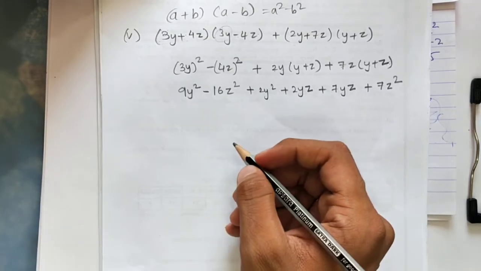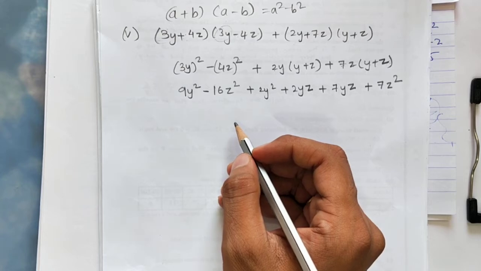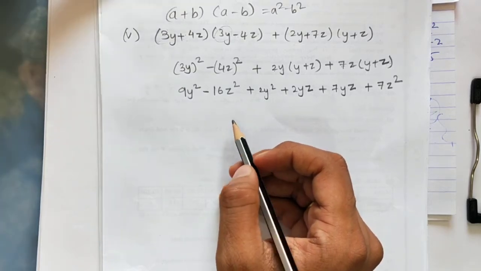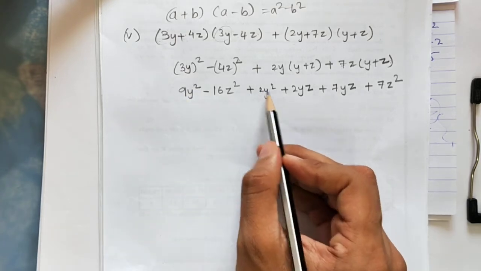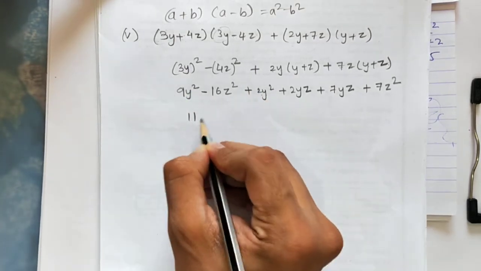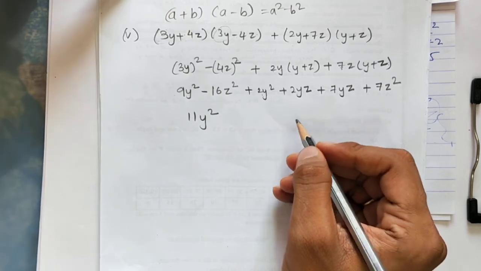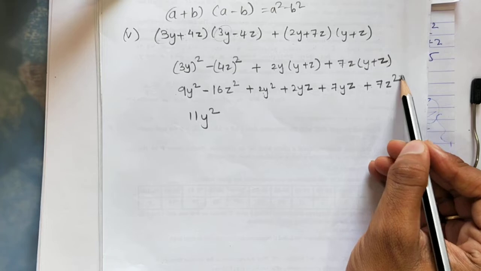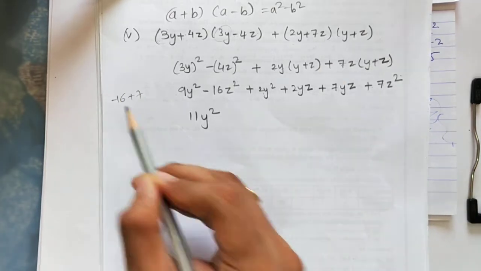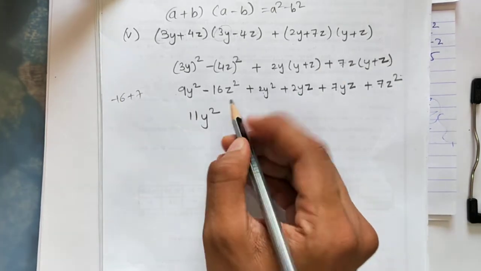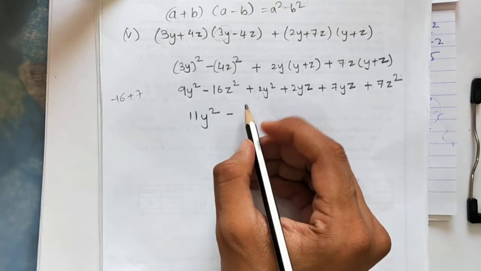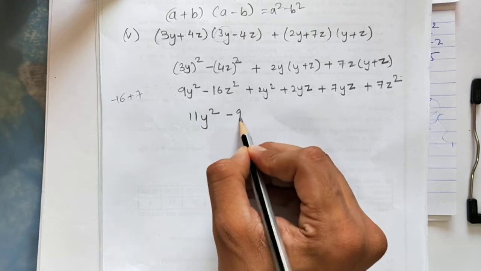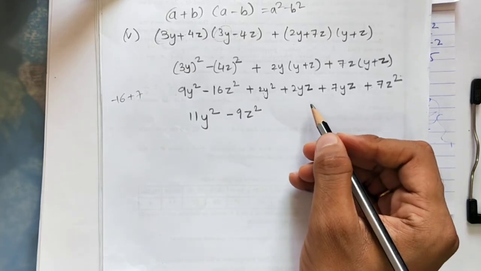Now let's add and subtract whatever is possible. So 9y square plus 2y square, 9 plus 2 is 11y square. Minus 16z square plus 7z square, so minus 16 plus 7 is minus 9z square.